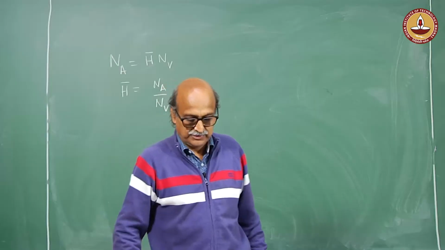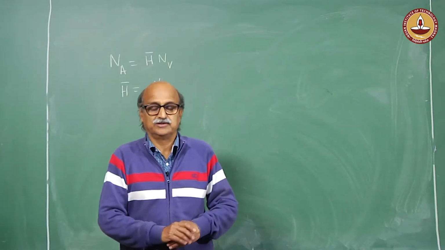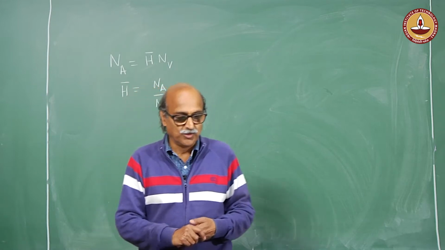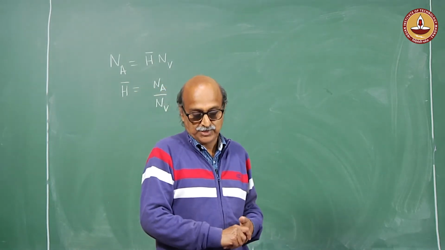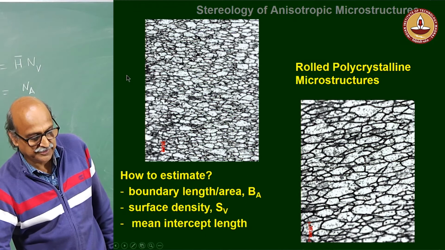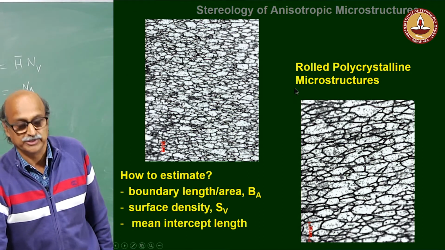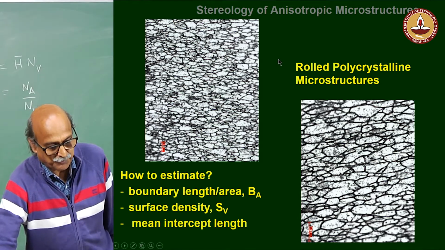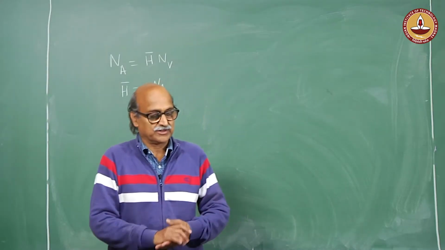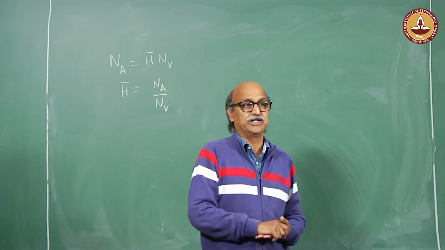Now, here is a polycrystalline structure which has been rolled. So, here again there is a clear direction along which the grain boundaries are oriented. Suppose I want to estimate the boundary length per unit area.